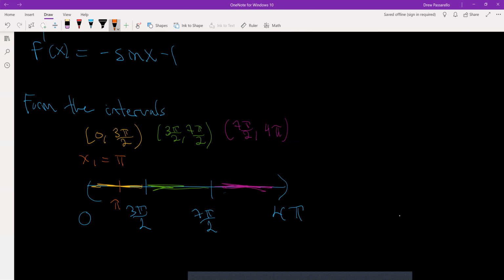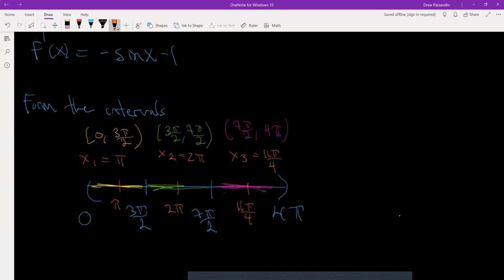Between 3 pi over 2 and 7 pi over 2, I'll use 2 pi. And then last, between 7 pi over 2 and 4 pi, it's just some value I'll pick. It's 11 pi over 4. So those are my test values.